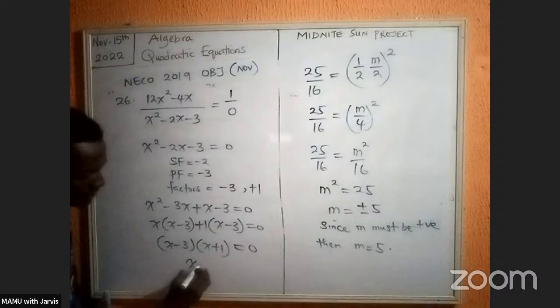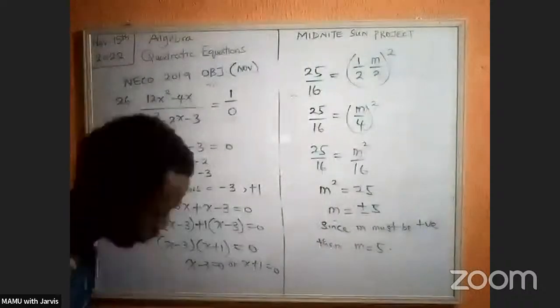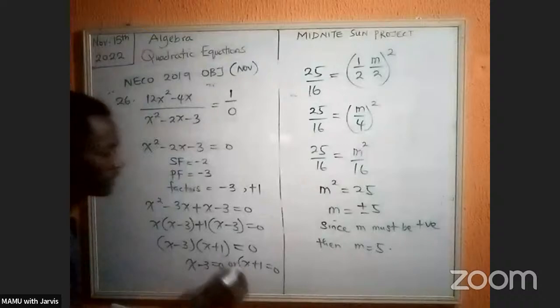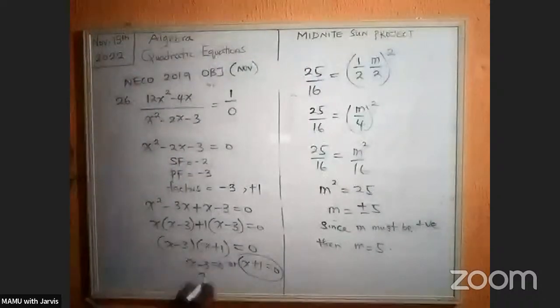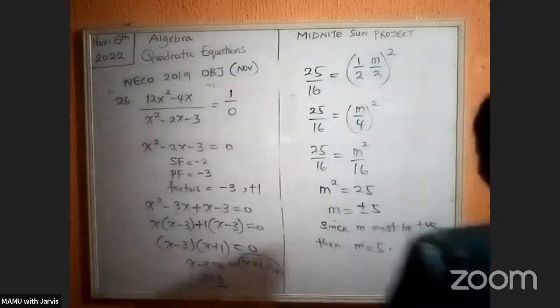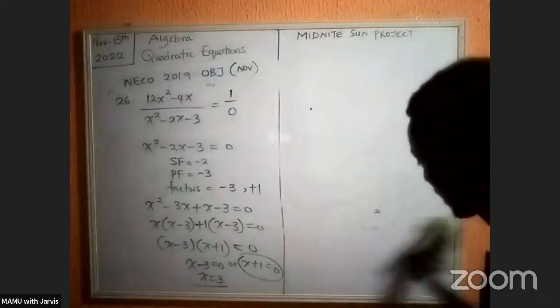As such, x minus 3 is equal to 0, or x plus 1 equal to 0. Remember we are told to find the positive value, so I don't need this part. All I need is this part, so x must be equal to 3. That solves that question.